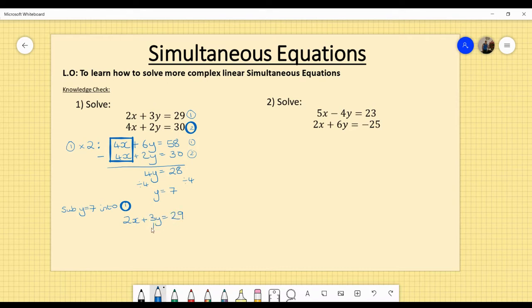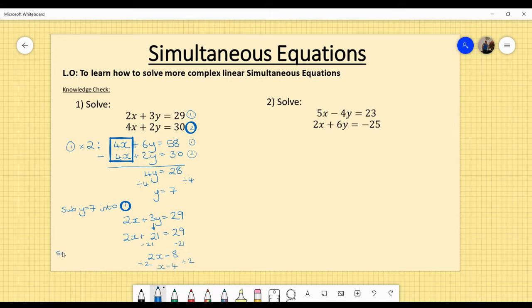And I know now that my y is worth 7, so 3 times 7 will give me 21. So I've got 2x plus 21 equals 29. And then I'm trying to solve to work out what x is. So I would subtract 21 from both sides. That's going to give me 2x equals 8. And then I'm going to divide both sides by 2. And that will give me x equals 4.